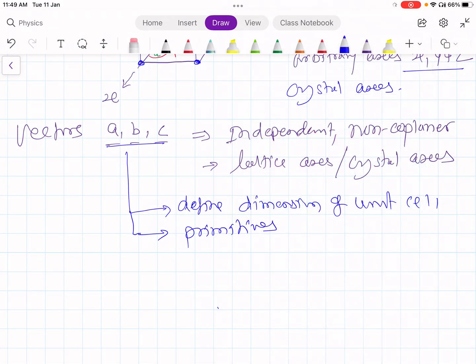So alpha is the angle between B and C, beta is the angle between C and A, and gamma is the angle between A and B. These angles are called interfacial angles.